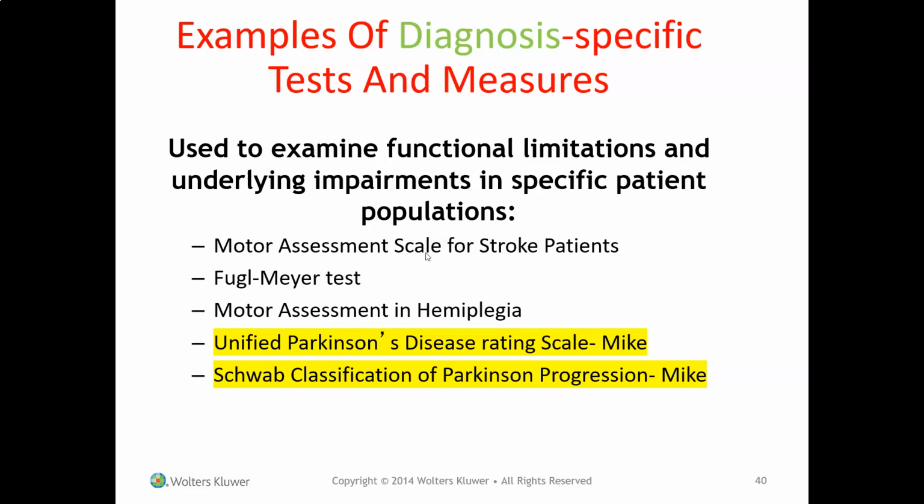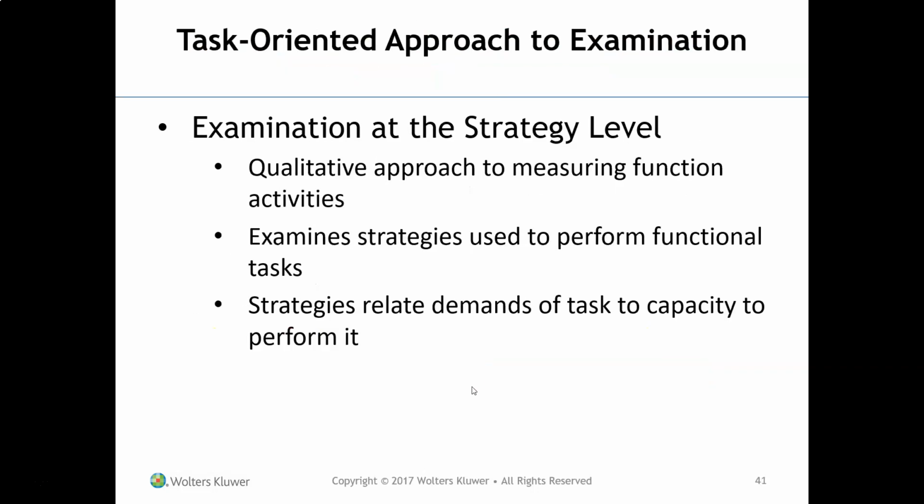So you have the motor assessment scale for stroke patients, remember, diagnosis. You have the Fugl-Meyer test, motor assessment in hemiplegia. Then you have a unified Parkinson's disease rating scale, that would be for Mike, and the Schwab classification Parkinson progression, Mike. So you have certain tests that you can do for diagnosis specific as well.